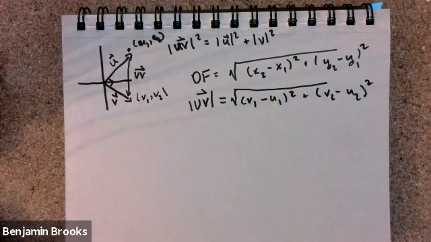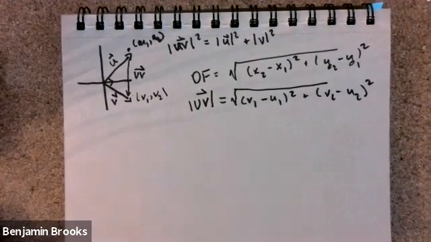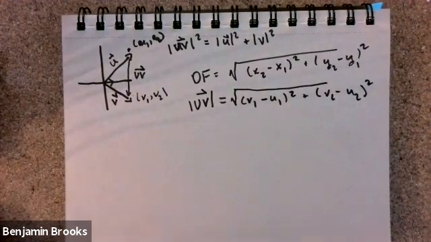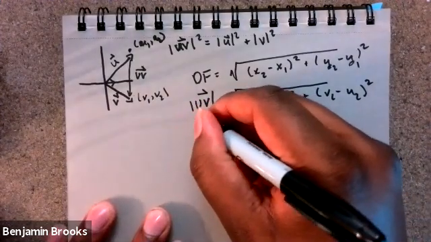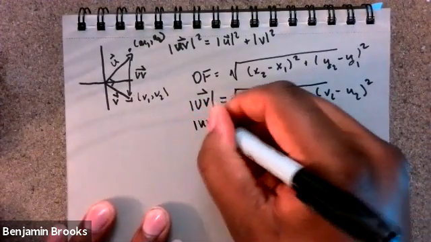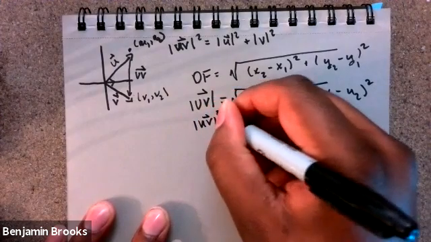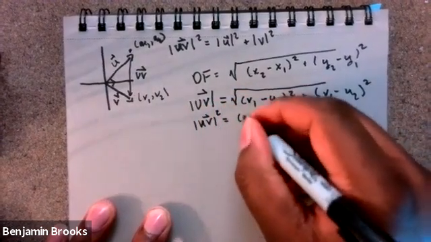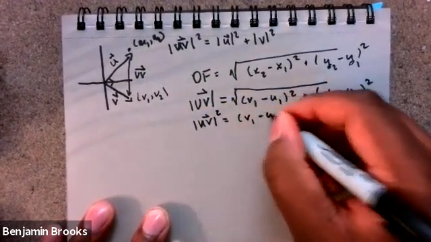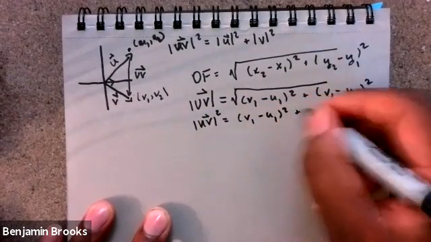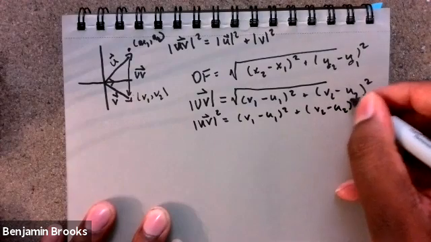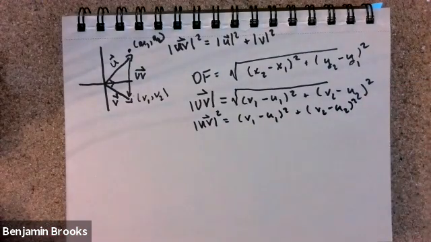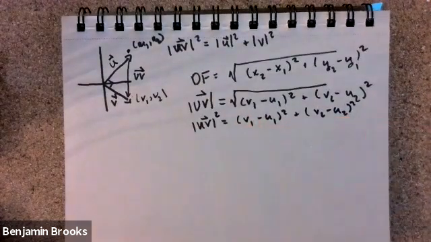All right. Well, let's say I decided to square both sides. Well, that would give me the magnitude of UV squared equals (v1 minus u1) squared plus (v2 minus u2) squared. Okay, well, what if I square both of these here?